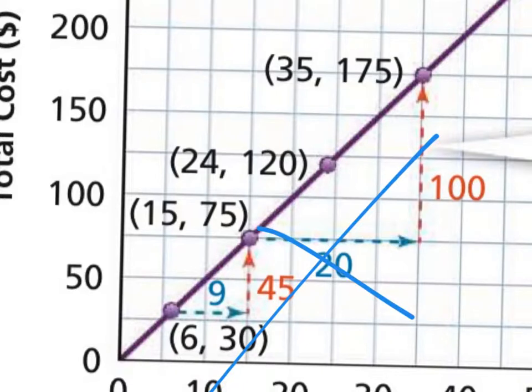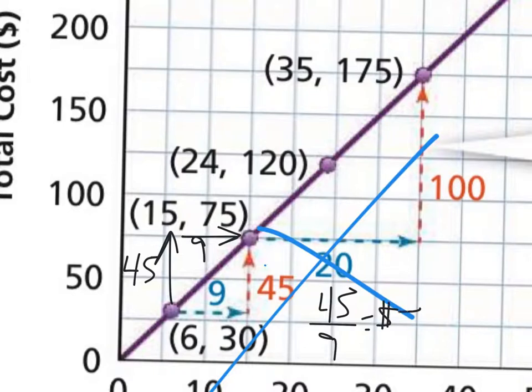So what we could do is take two of these points. If you just do the 6, 30 and the 15, 75, we could look at what's our change in Y, what's our change in X, and you can see that's $45 more for 9 more feet. And then 45 divided by 9 is 5.